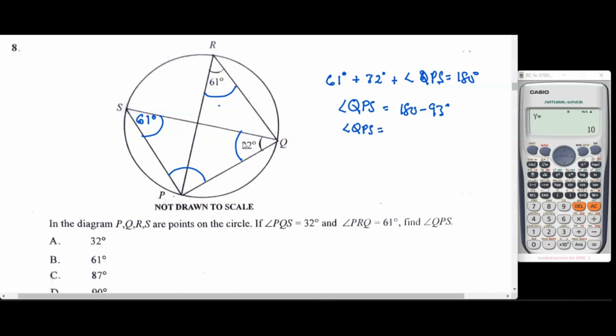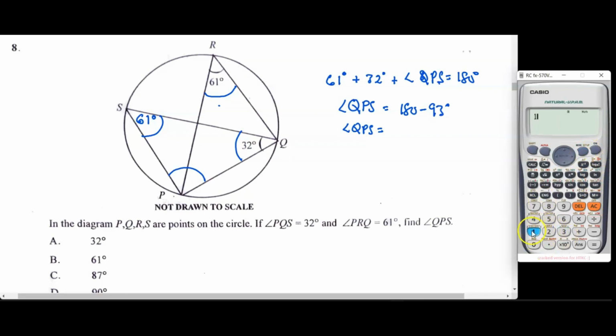So angle QPS will be equal to 180 minus your 93. Oh sorry, you reset the mode and then go to computation.